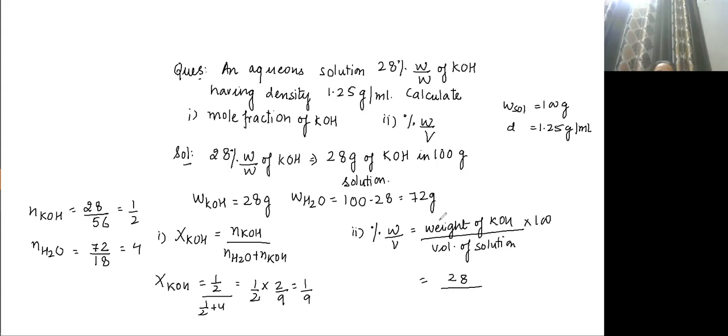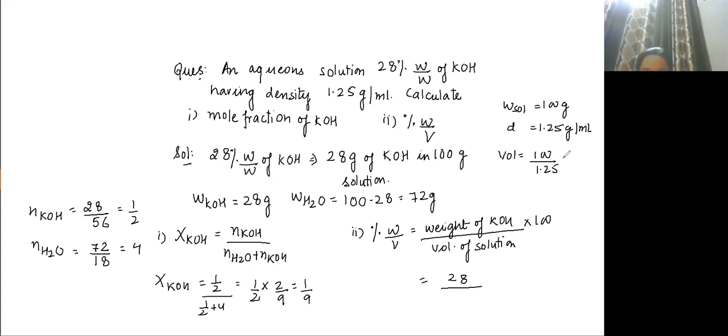Density is equal to mass by volume. So how will you find out volume? Volume is equal to mass divided by 1.25.